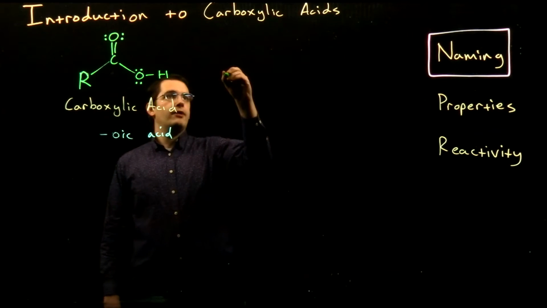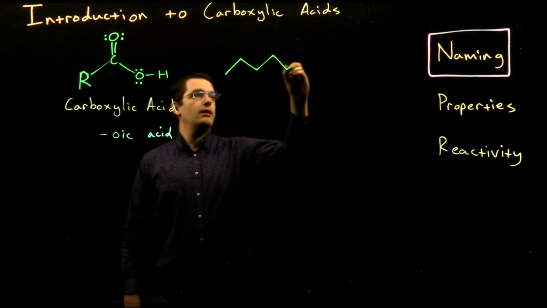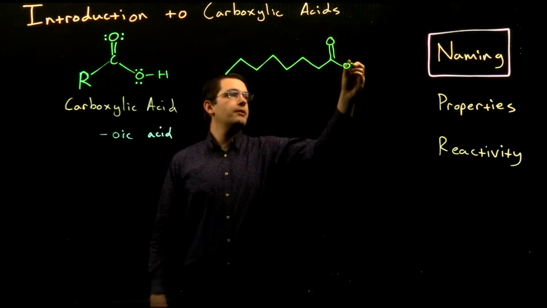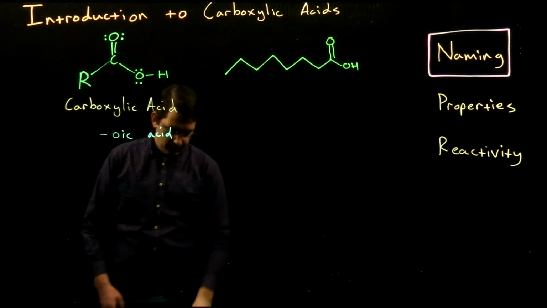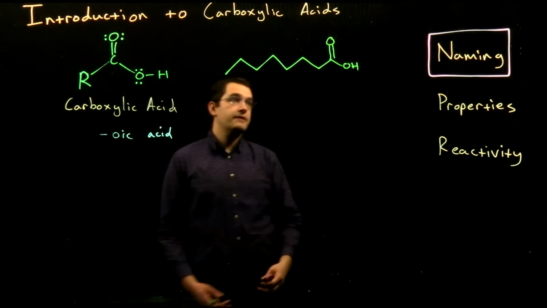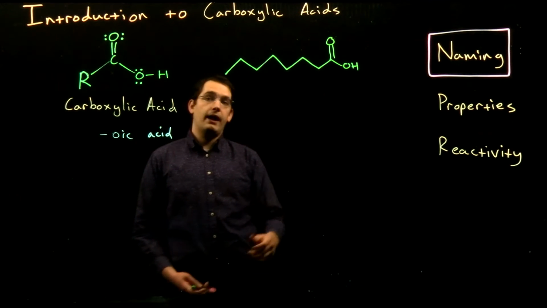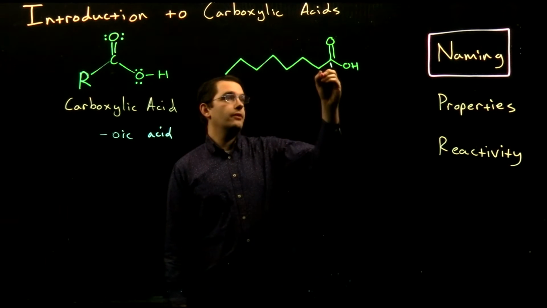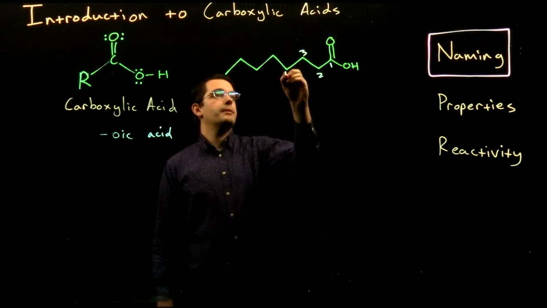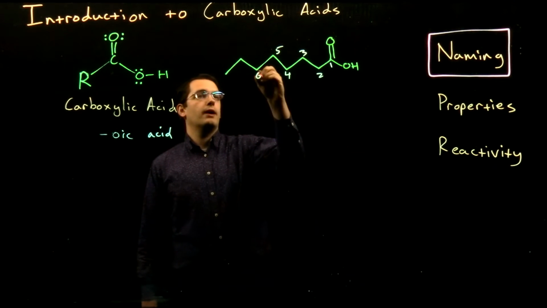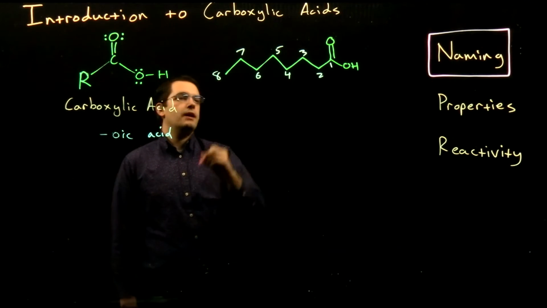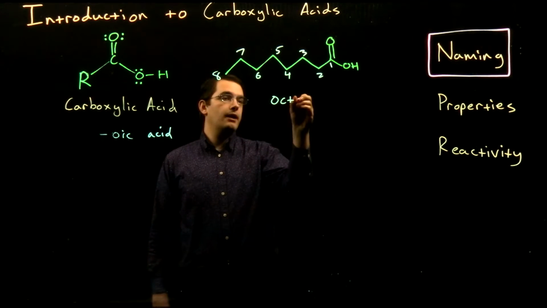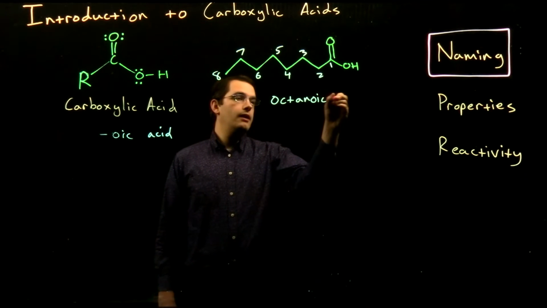As we look at a given carboxylic acid, of course, we're just going to be looking at the number of carbons in order to give us our prefix, and then we'll use our oic acid ending. So here we have our carbon chain. We've got 8 total carbons here, so that gives us the oct prefix, and this becomes octanoic acid.